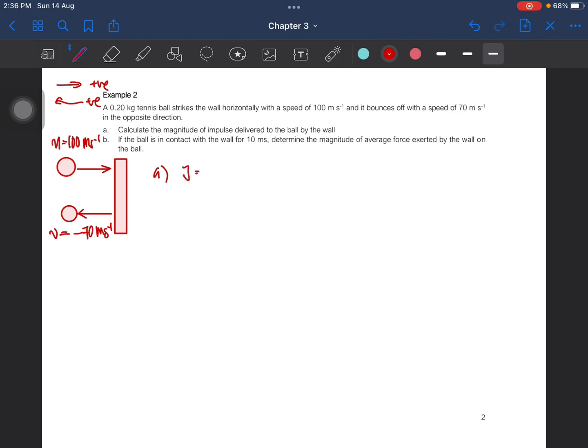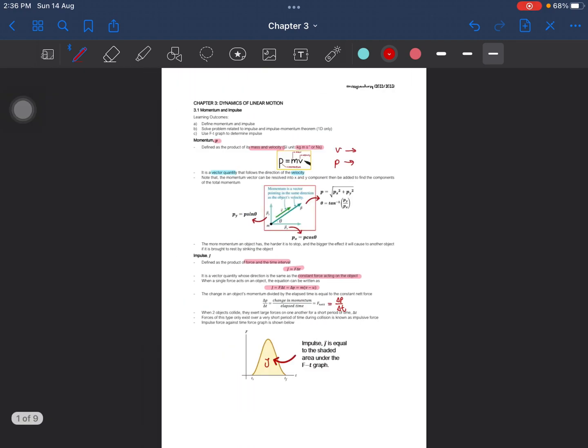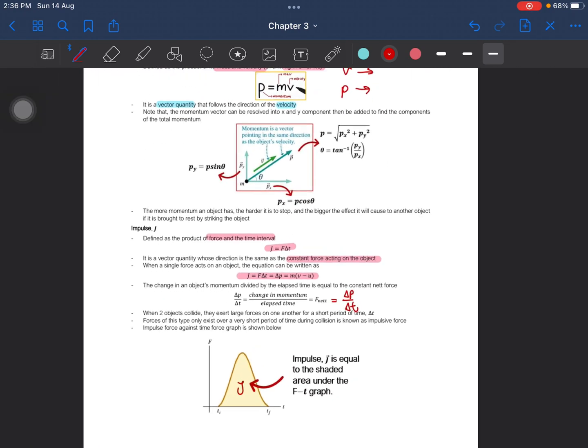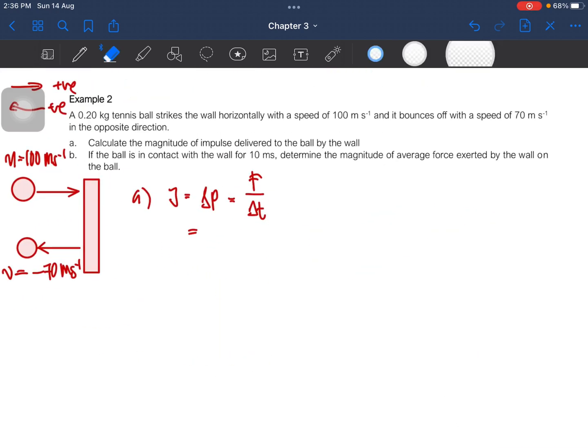Impulse is equal to delta P, or F delta T, if I'm not mistaken. Is that the correct answer? No, F delta T, sorry everybody. Force times time.